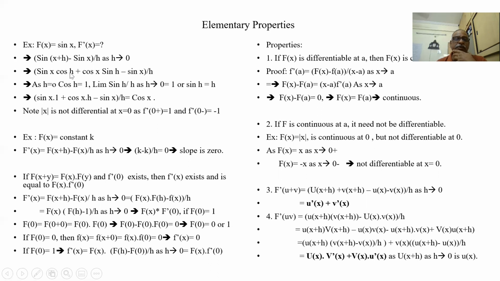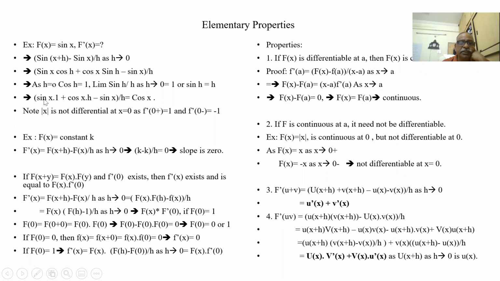So I am applying this, when this is 0, so this portion is becoming 0. Cos h is 1. This is becoming sin x into 1 plus cos x sin h minus sin x.